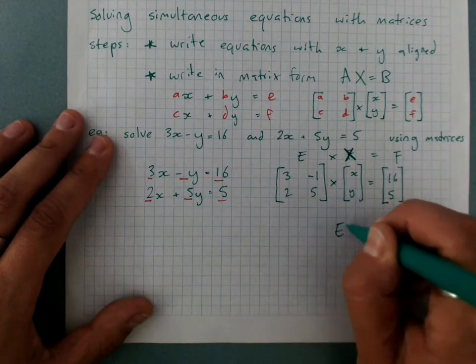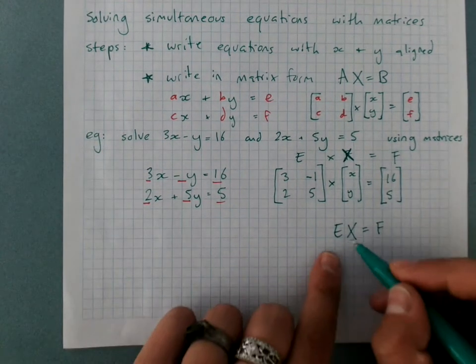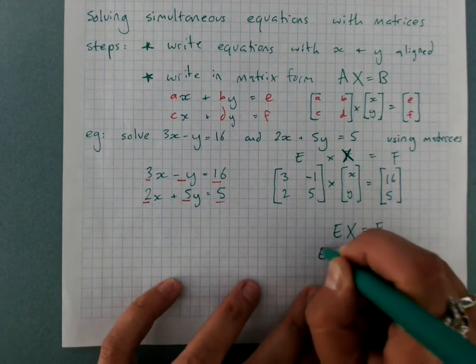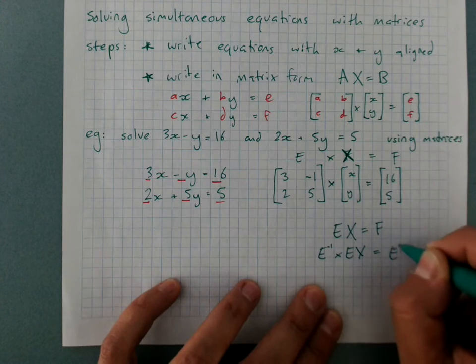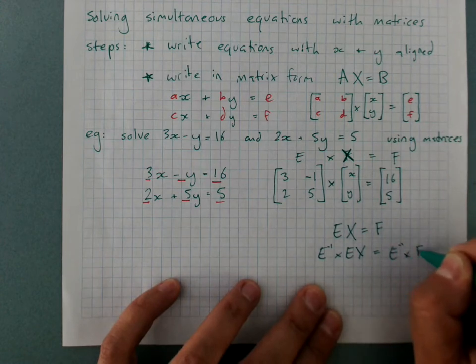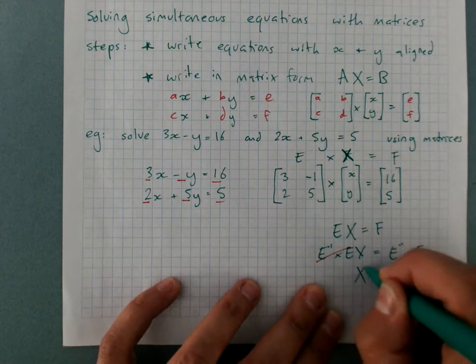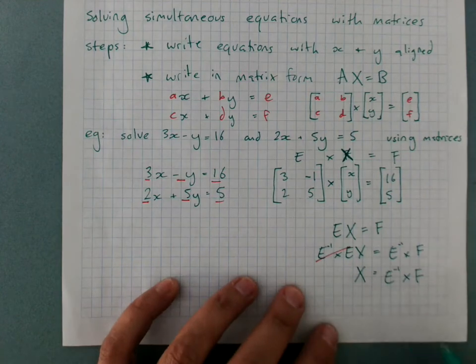So I write EX equals F. E comes first, so I pre-multiply by inverse E on this side. Cancel inverse E times E. X equals inverse E times F.